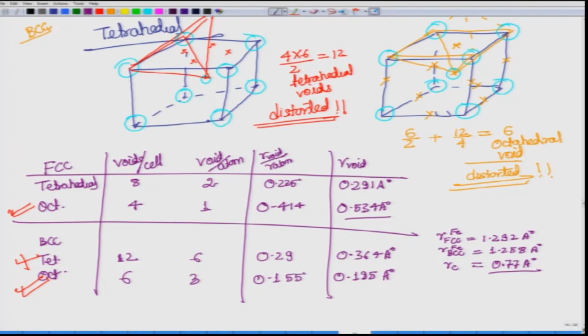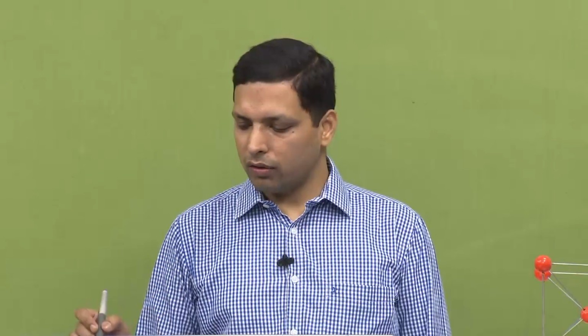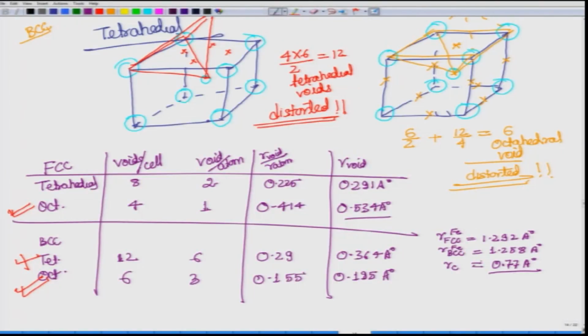So a larger atom is fitting in a smaller space, just what I told you earlier, that the presence of interstitials causes a lot of strain in the matrix around it. Such a large 0.77, more than 20% larger than the available void, and still it goes in there. It prefers to for the reason of thermodynamics, because it leads to lower free energy.